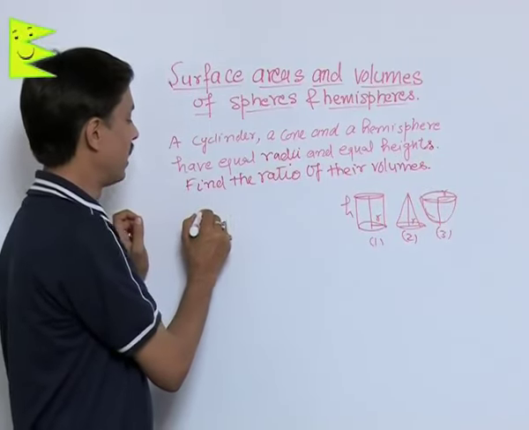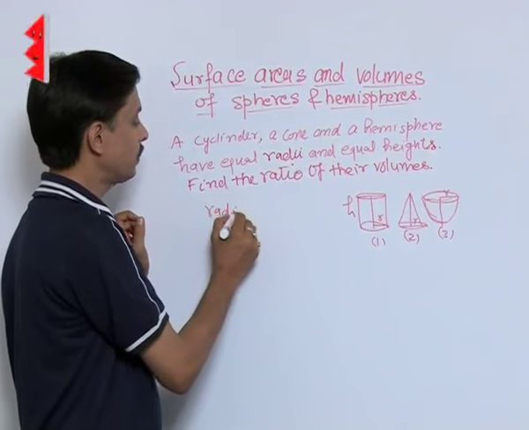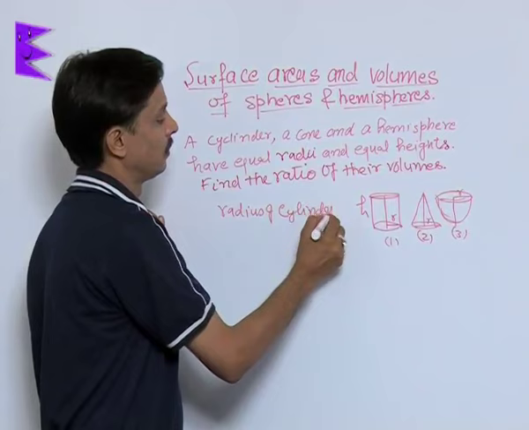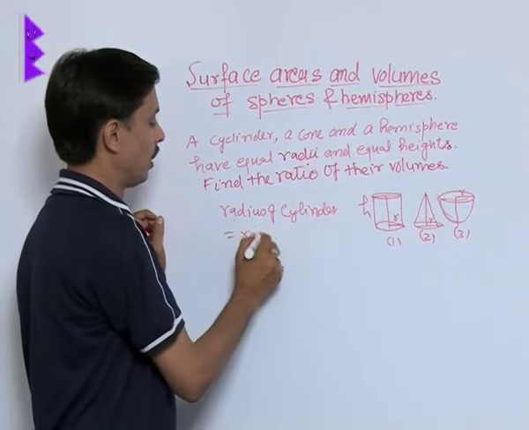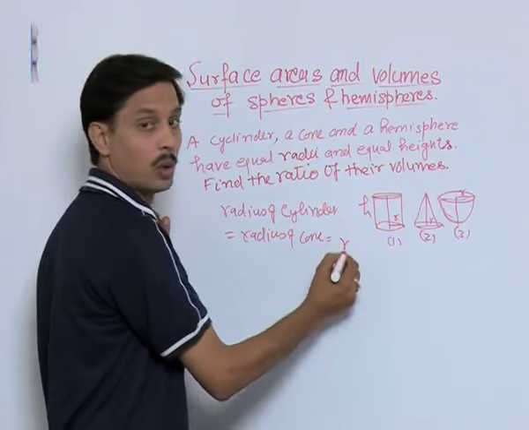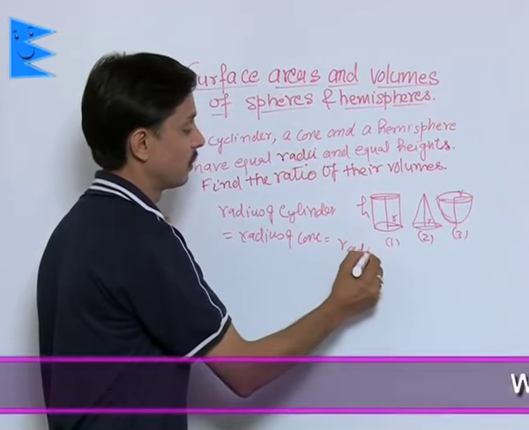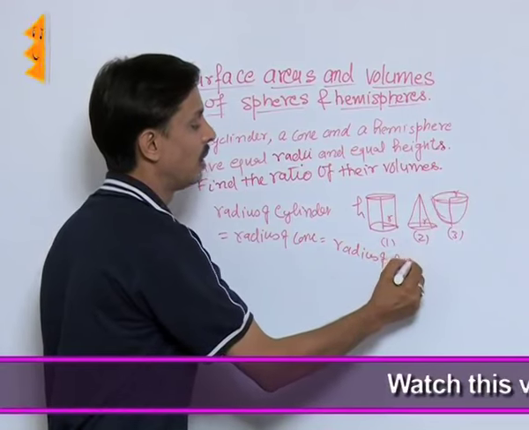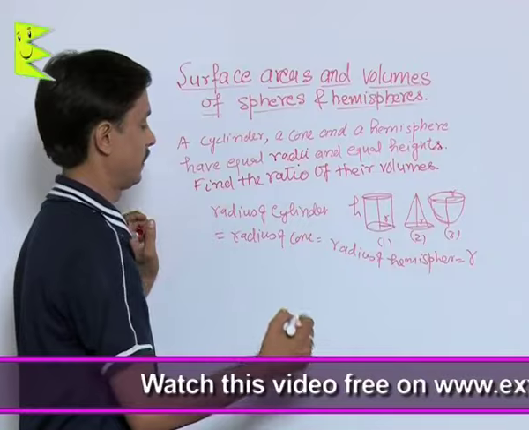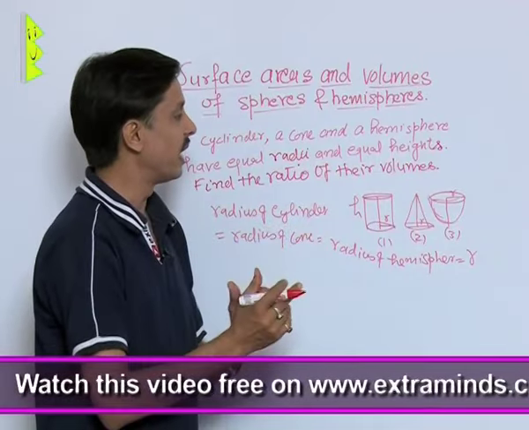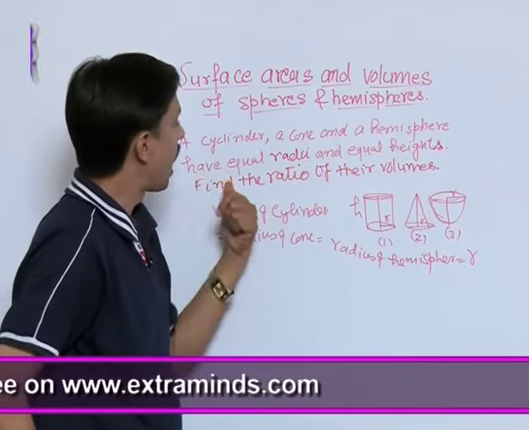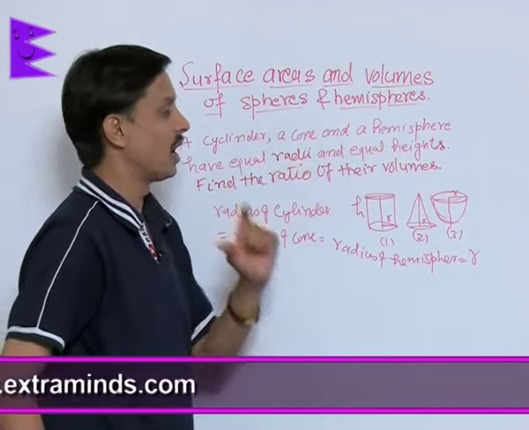I can write here: radius of cylinder is equal to radius of cone is equal to radius of hemisphere, and suppose that is r units, because all radii are the same. A cylinder, a cone, a hemisphere have equal radii and equal height.